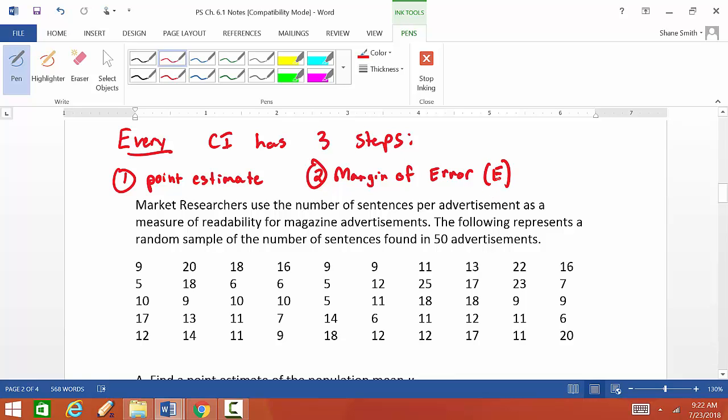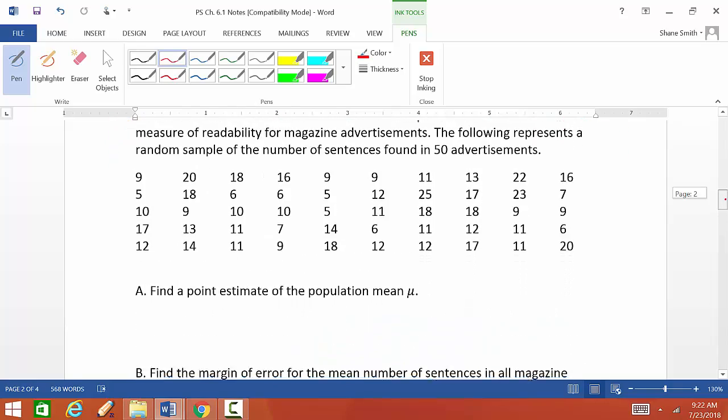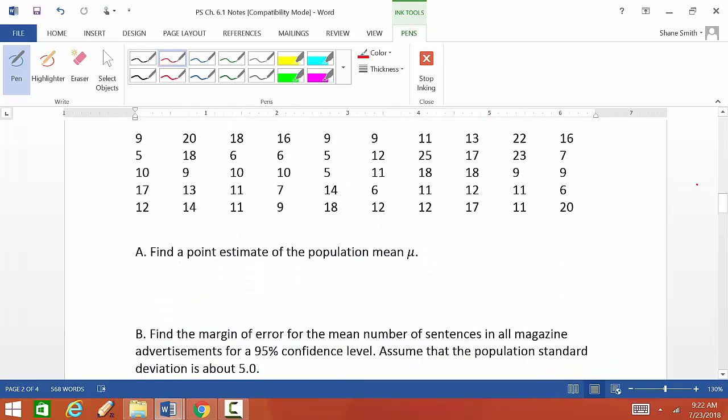And depending on what you know, that formula might look different, but so far our margin of error is z sub c times sigma over the square root of n. And then 3, we take our point estimate, which is x bar in this case. We take our point estimate and we add and subtract our margin of error. But this is the same thing every time, right? We have our point estimate, we have our margin of error, we add and subtract the margin of error from our point estimate.